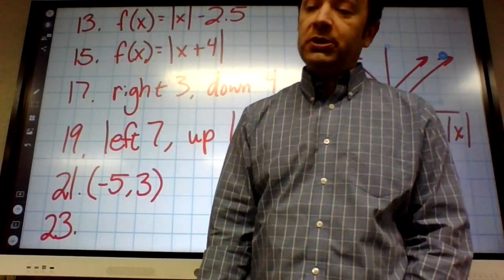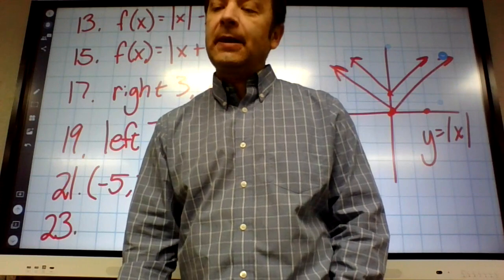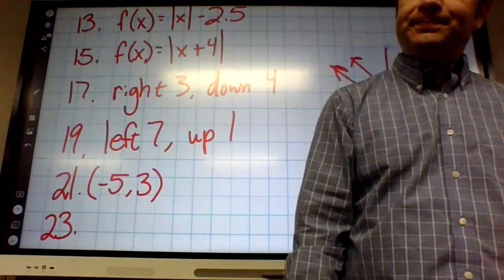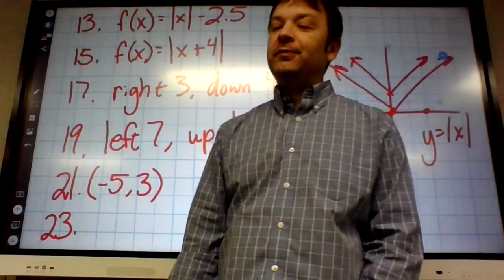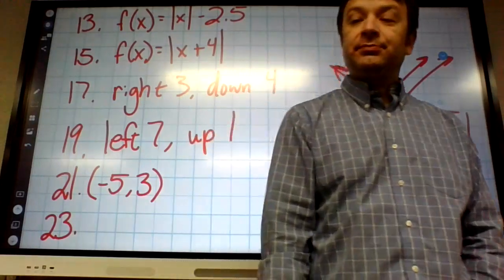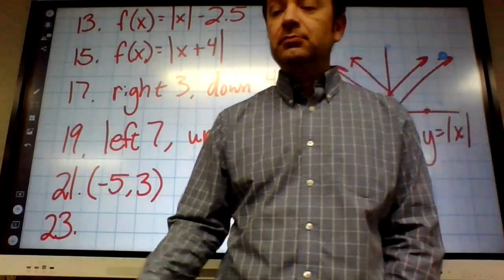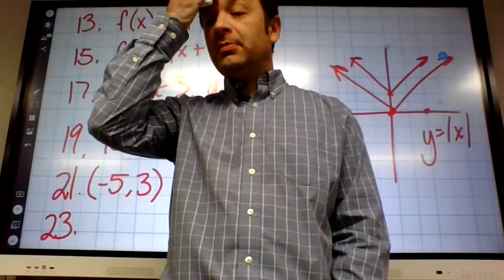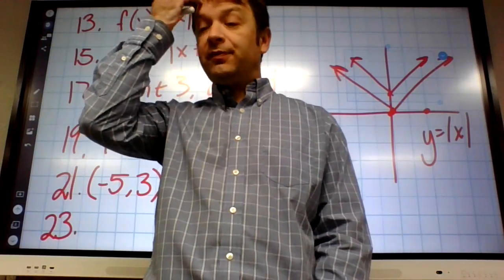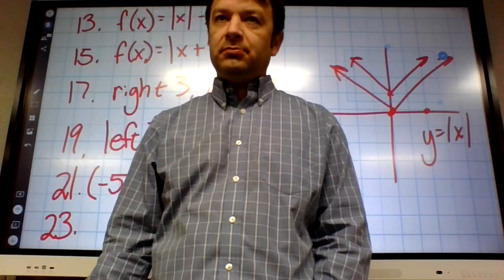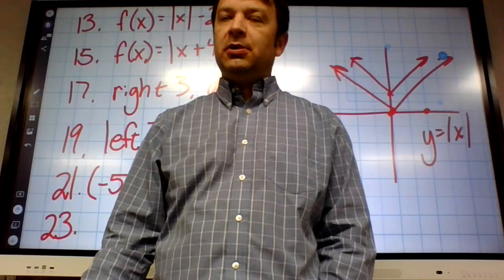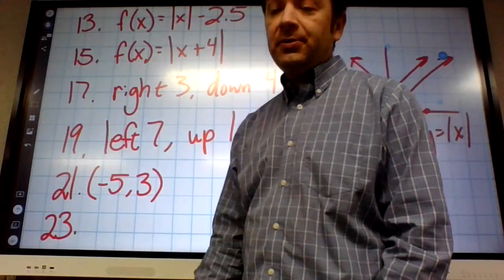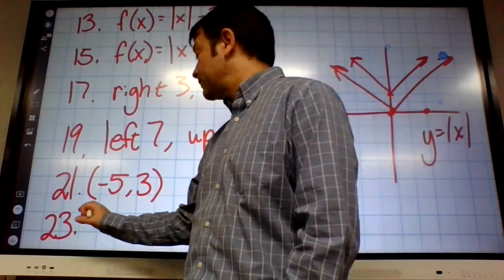Okay, 23. Uh-oh. AJ, how's that graph gonna move? Minus A, what's that gonna do to the graph? It's going to push it to the right. Right A, and then what's the plus B gonna do to the graph?